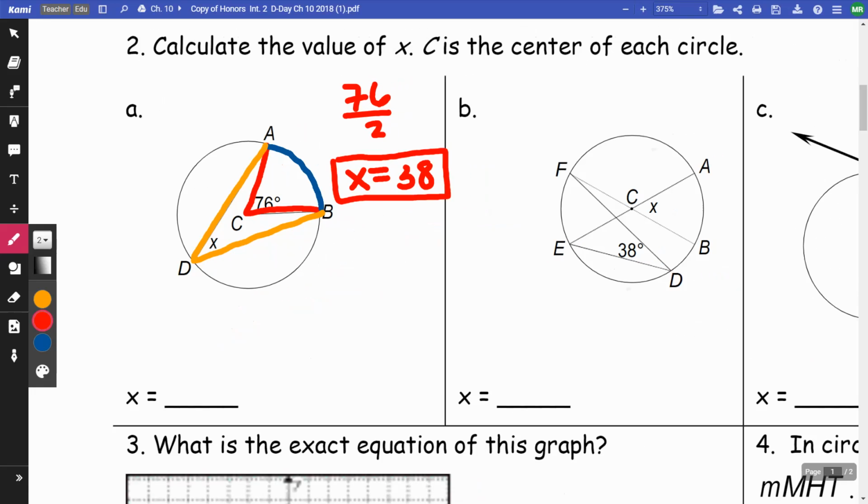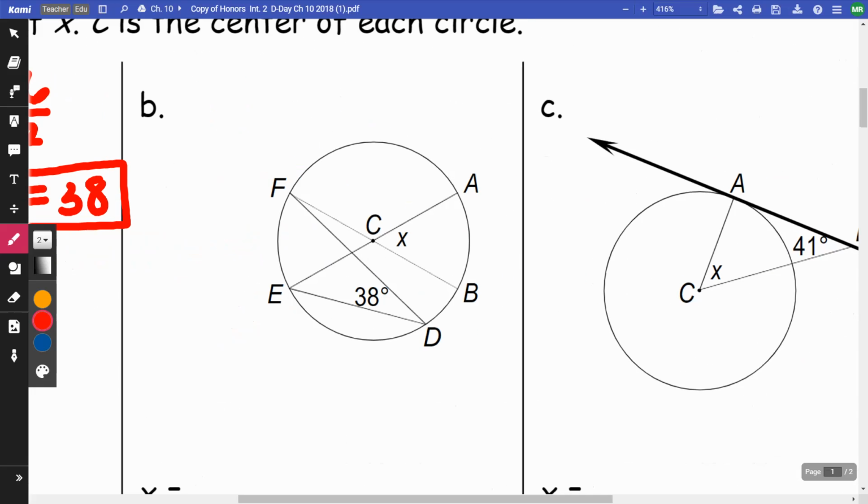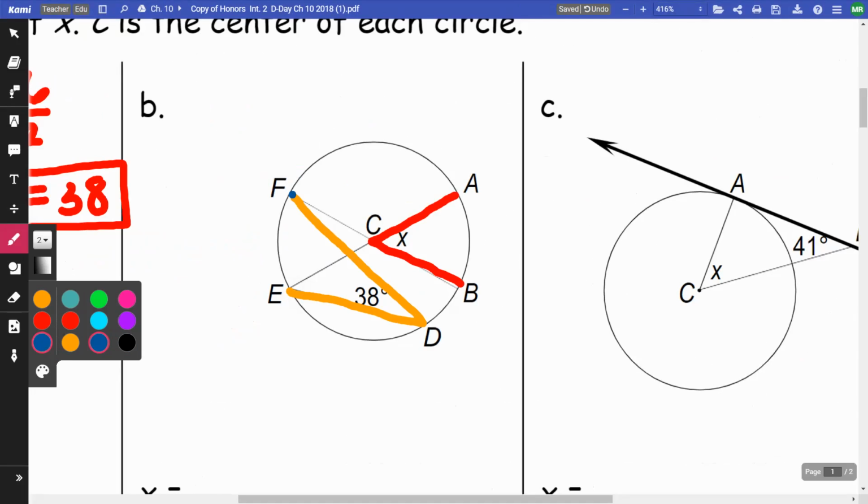On letter B, so we are trying to find x, which is right here. What I do know is that since this inscribed angle is 38, that means that this arc measure is going to be double that, which is going to be 76.